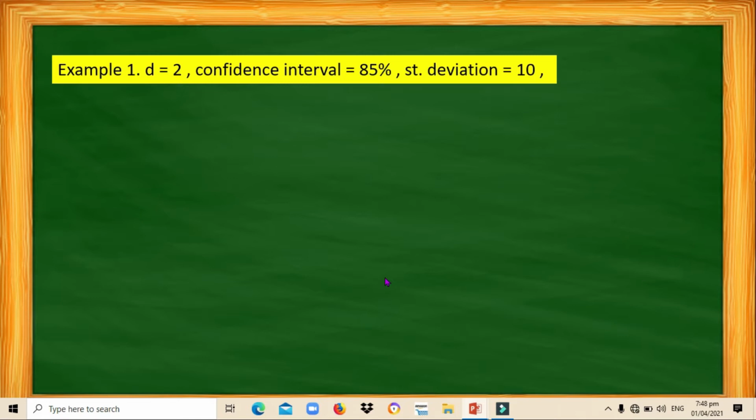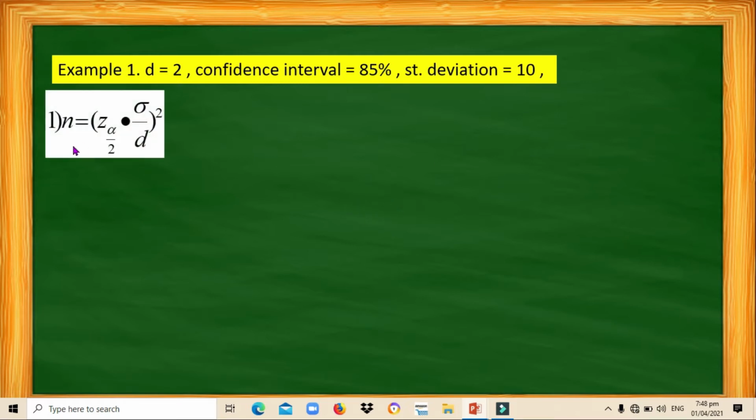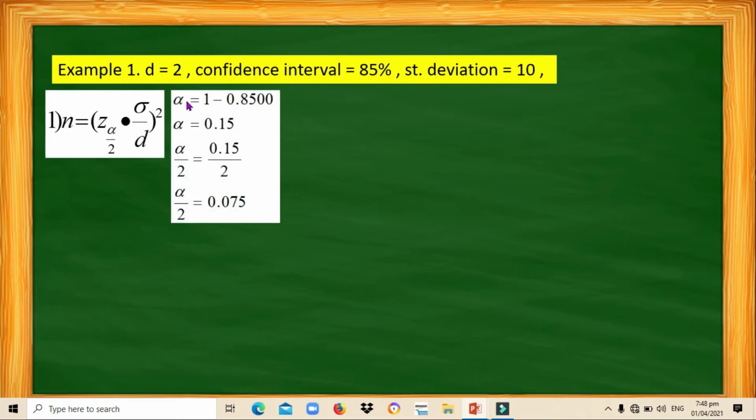D equals 10... rather, confidence interval equals 85%, standard deviation equals 10. Okay, using this formula, the first step, we solve for alpha over 2.